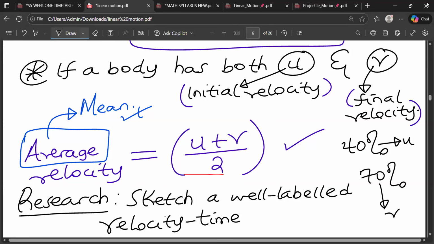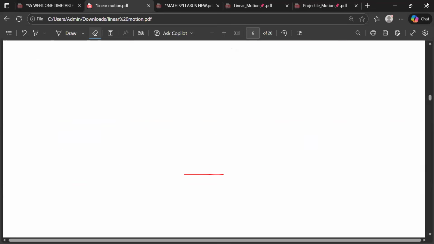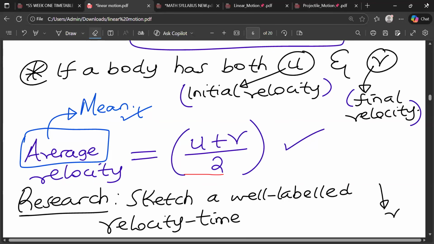To get average, you get 40 plus 70 over 2, isn't it? So you look at this as English, not the math. In average, we add and divide by 2. Then the displacement, let it be the real mechanics. This one is just English: add the two, divide by 2.